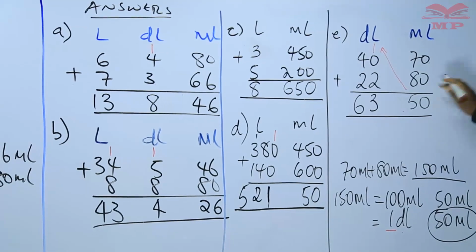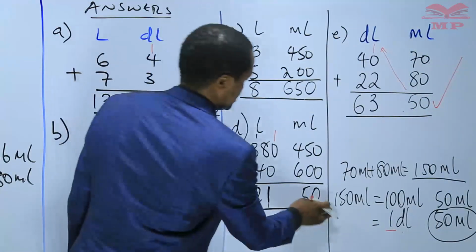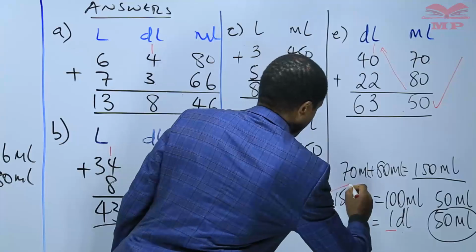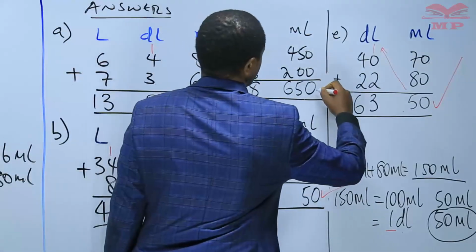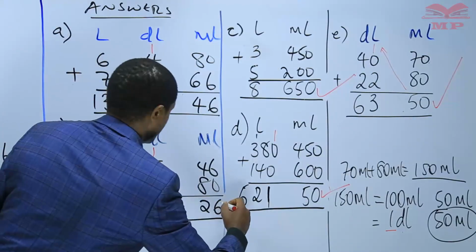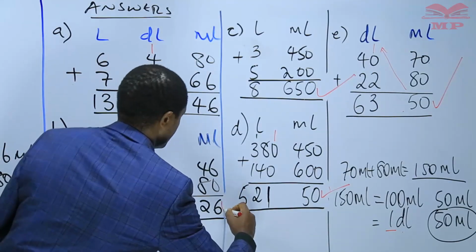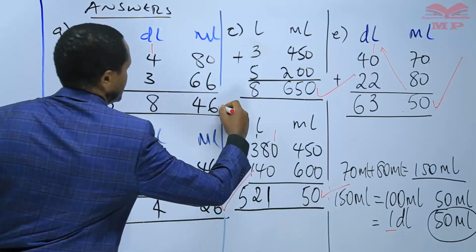So, learners, that is the answer to part E. We had done part D. That is the answer to part D. Then we have the answer here to part C. We have the answer to part B. Then we have the answer to part A.